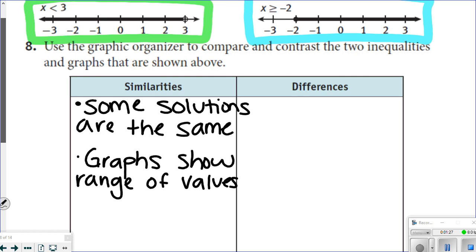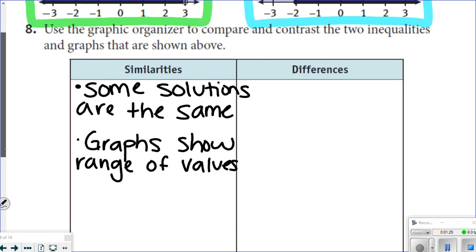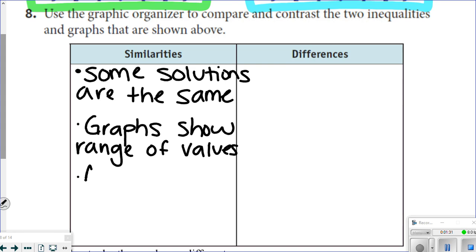They both have arrows on the left and arrows on the right, which means it continues on. They both have inequality symbols. They both have number lines, even though they look a little bit different. Yes, they both use the variable x.